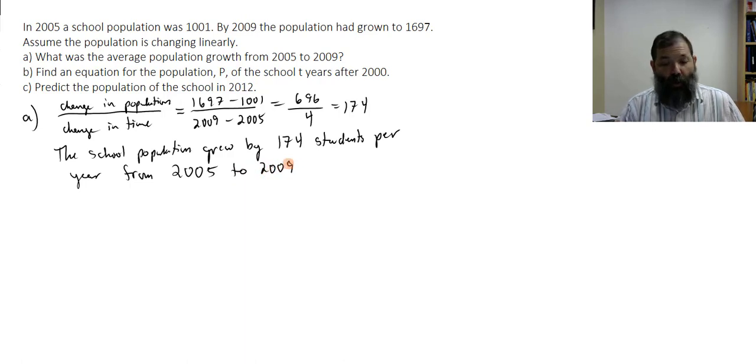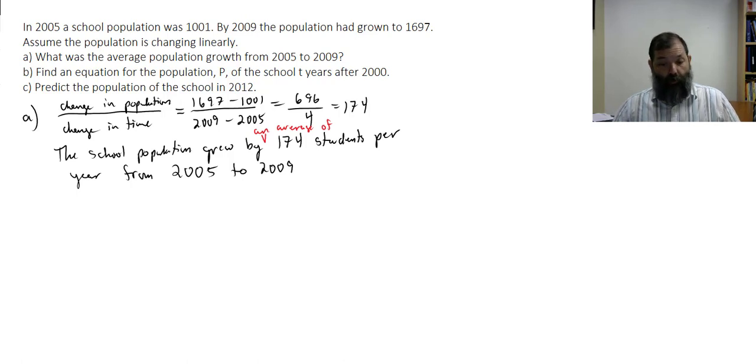I should say it grew by an average of. So we don't know necessarily that the population grew exactly 174 students each year. We just know on average it grew by 174 students per year.